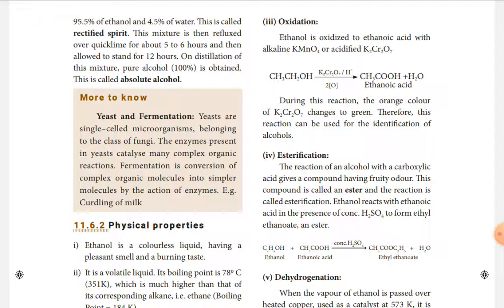Then an electrical device applying a photocell compares the color with a standard color, and the device itself gives a numerical value, measuring the amount of alcohol present in the bloodstream.